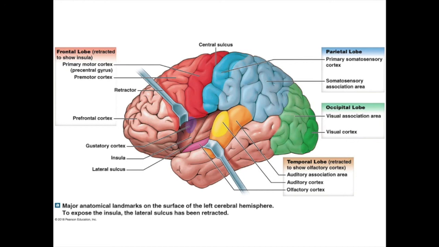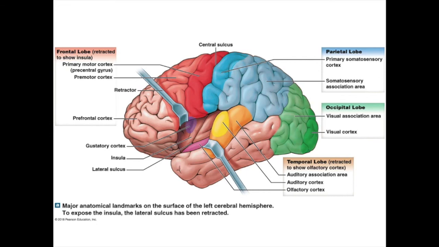So you see the central sulcus. The area anterior to the central sulcus is the frontal lobe. The central sulcus marks a separation between the frontal lobe, which is anterior and is marked here in pink, red or orange colors, and the posterior portion, which is marked in blue, called the parietal lobe.